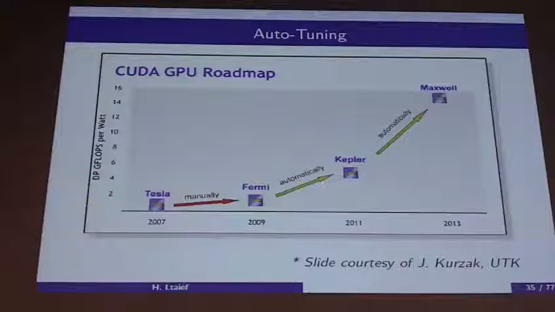So we need some sort of really automatic auto-tuning, which could determine the right kernel, the right parameters of the kernel that we have sitting there, to be able to run on Fermi or Kepler or Maxwell. So this is still a work in progress, although right now we just use the standard pruned search.